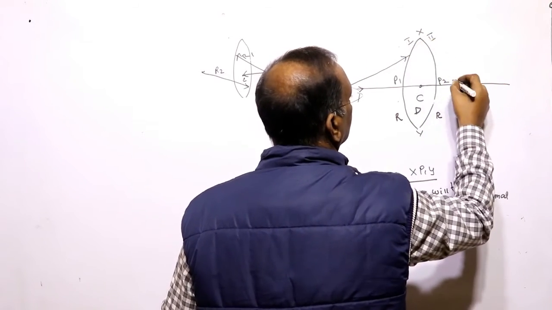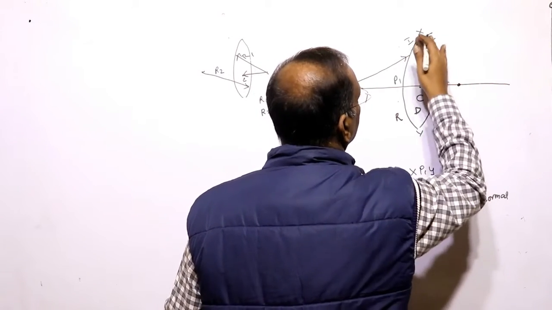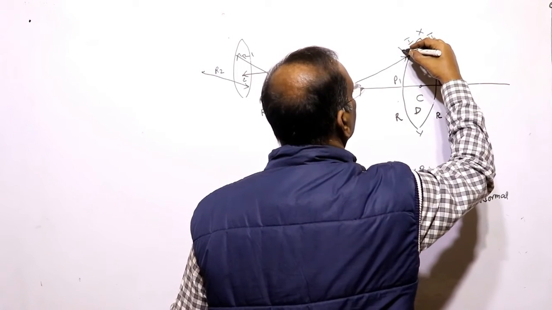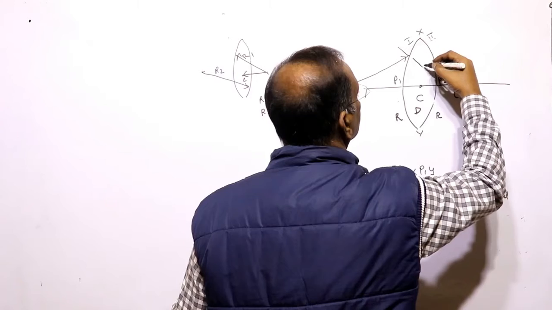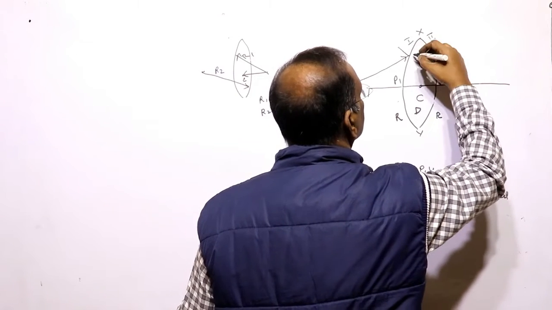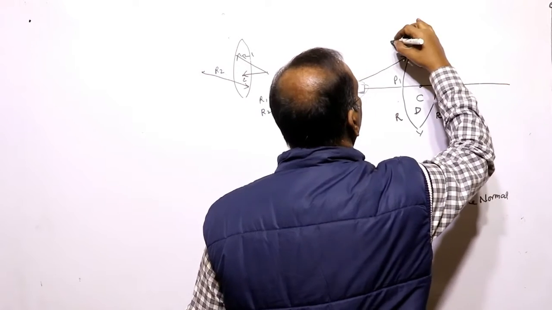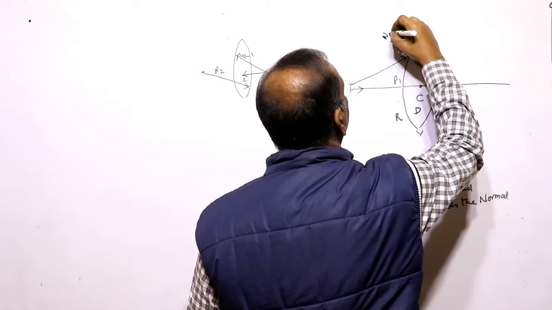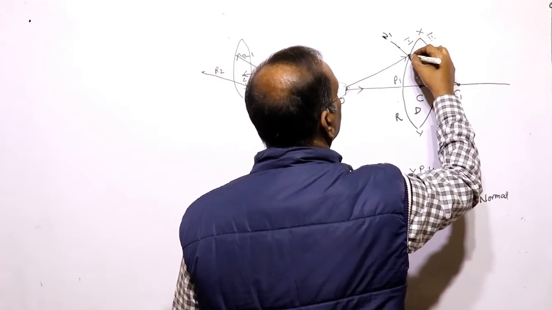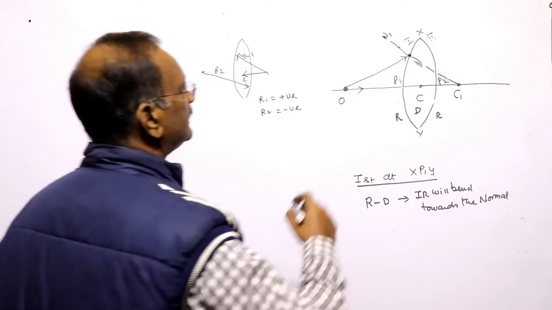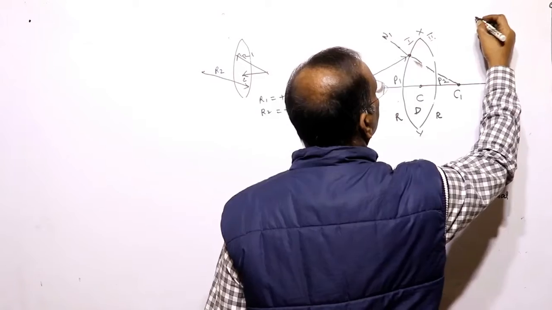This is the center of curvature of the first surface, C1. We draw the normal like this for the first surface, because the ray is incident at this point.